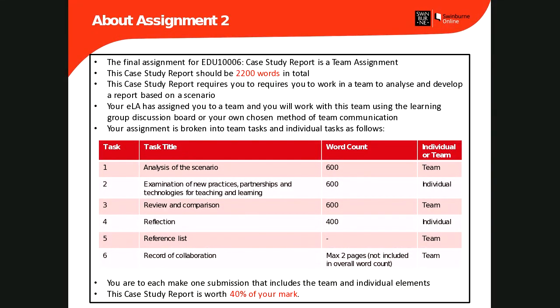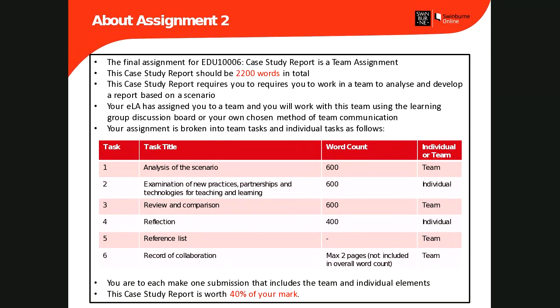Okay, very quickly, I think we're all pretty familiar with the task in terms of the different components. This is just an overview here, and I am going to spend some time later breaking it down and looking at how you put it all together for your final report that you're going to submit. So firstly, we've got the analysis of the scenario, which is 600 words in total, and that's your team component.